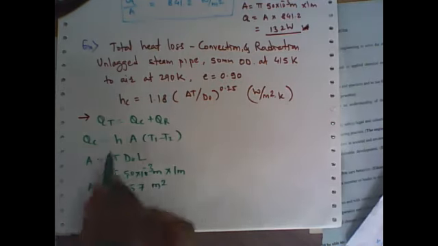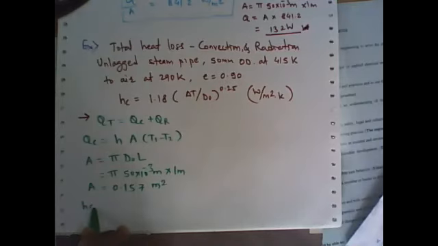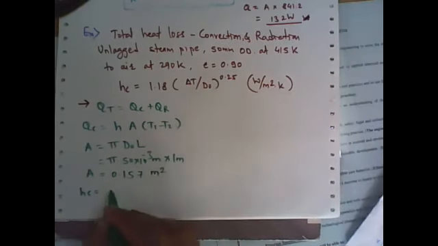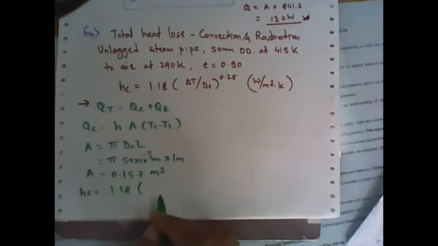Now we have to calculate the film coefficient HC. The formula is 1.18 into (delta T divided by outside diameter) raised to 0.25.